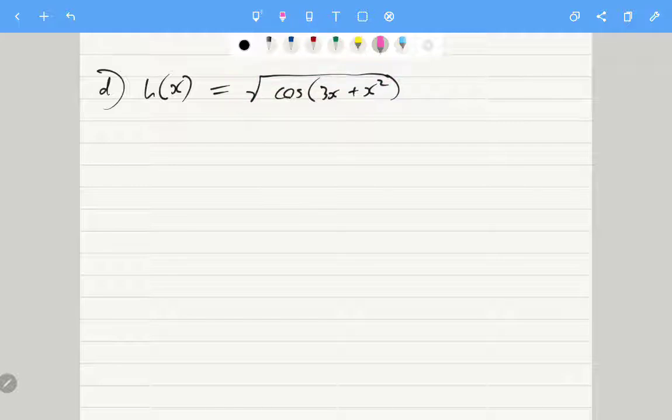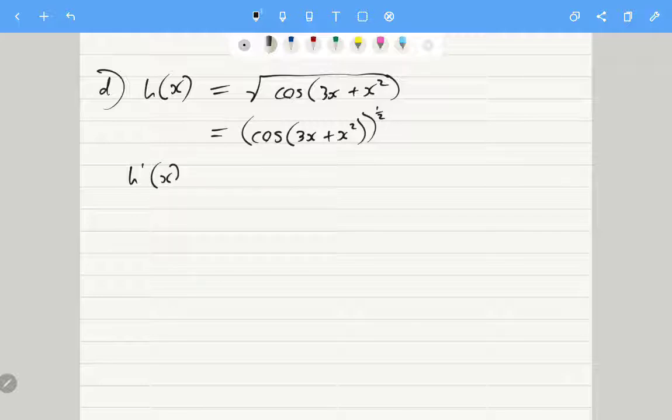So we've got 3 layers of function, which means we're going to be doing chain rule twice. But we're not going to do it all at once. Let's have a look at what I mean. So this could be written as cos of 3x plus x squared, all to the power of a half. Now a half we know how to take the derivative of.